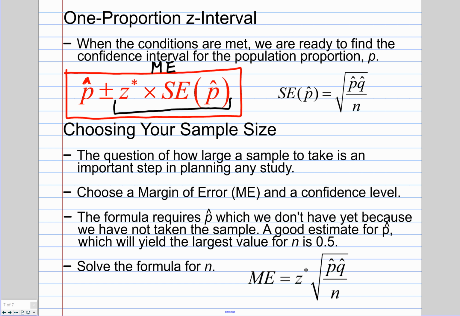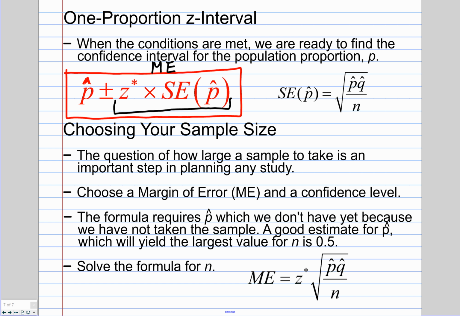Now, the last part of that slide talks about what to do if you would like to figure out the sample size you need to run a sample. Ultimately, if you're a pollster, you have to decide what your sample size is going to be. So you would pick a confidence level: 90, 95, 99.